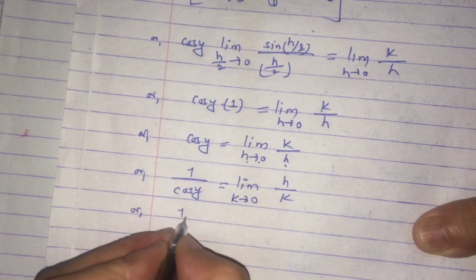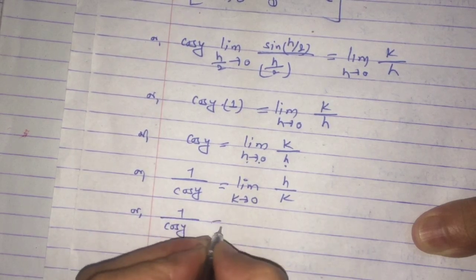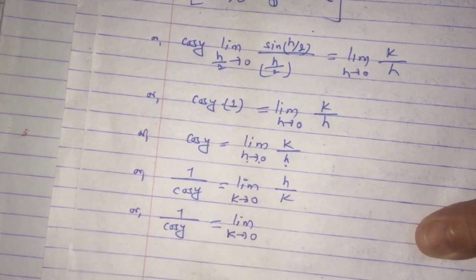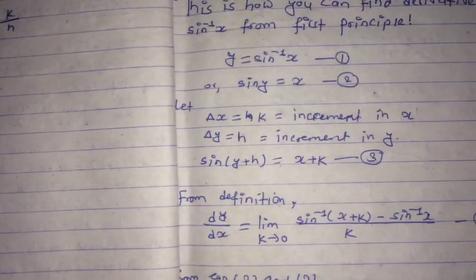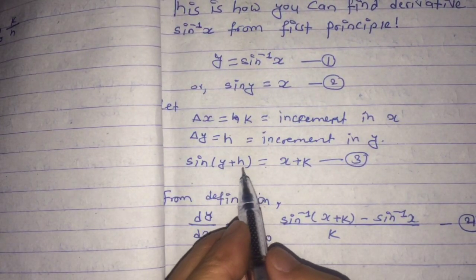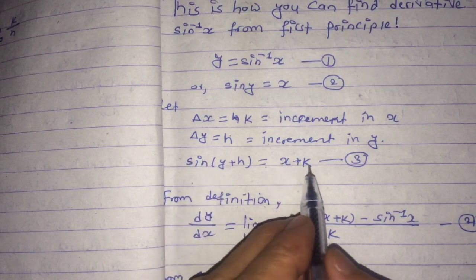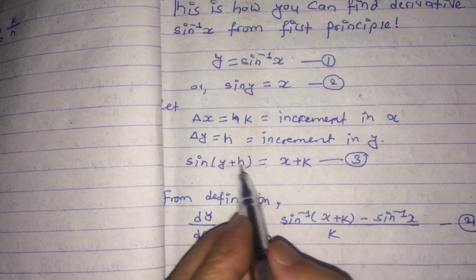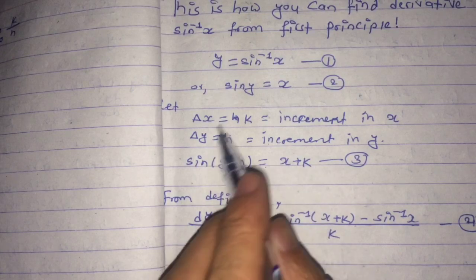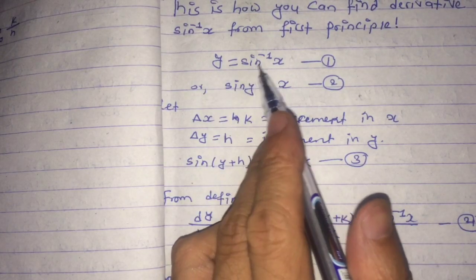Or we can write 1 by cos y is equal to the limit as k tends to 0, and in place of s we can write, from here, y plus s is equal to sine inverse of x plus k, and s is equal to sine inverse of x plus k minus y, and the value of y from equation 1 is sine inverse x.